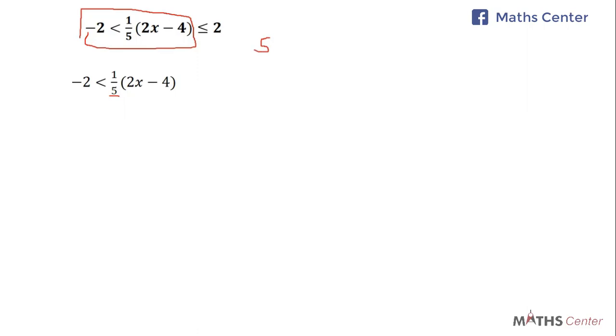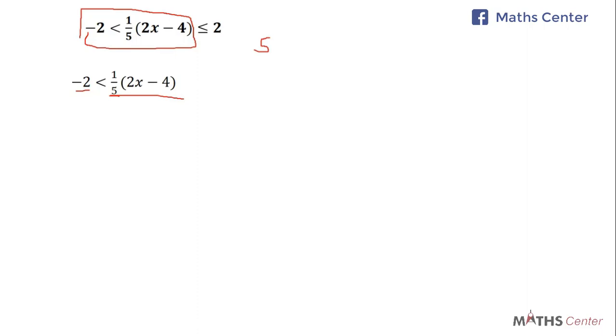Now you identify the terms in the expression. So here the terms are -2 and this whole expression, which is 1/5 into bracket 2x minus 4.